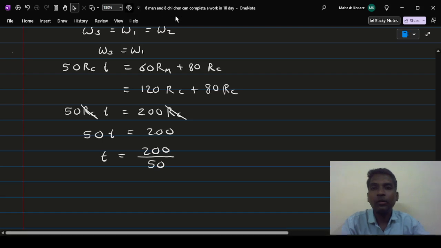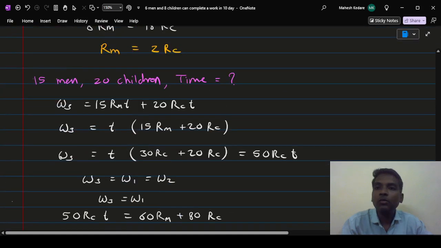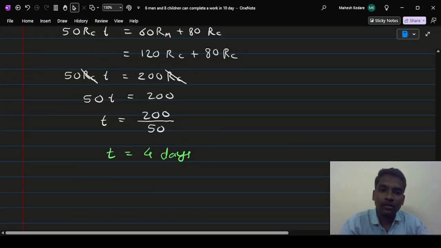And finally we obtain time T as 4 days. So 15 men and 20 children will complete the same work in 4 days. So finally we have obtained the solution.